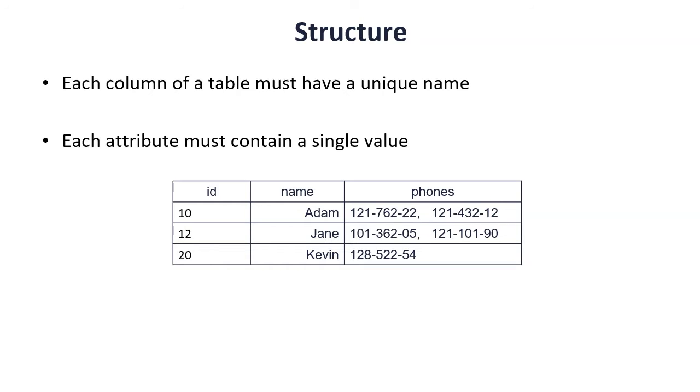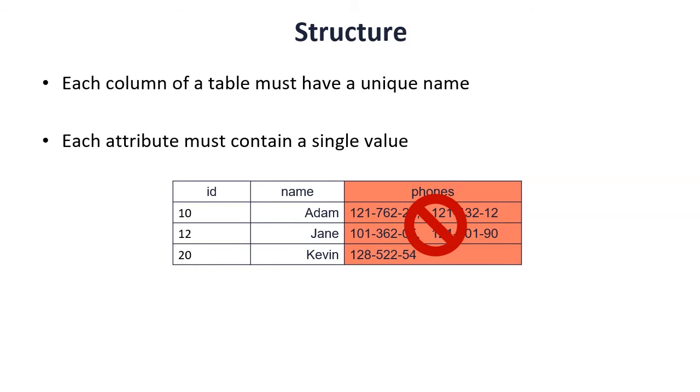So I have this students table here where there are multiple numbers listed under the phones attribute. So for one particular row, you can see some rows have 2 records for the phones and some rows have only 1 record. And that is not allowed in the relational model.